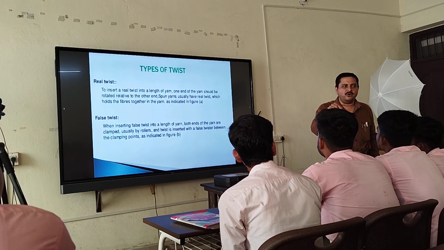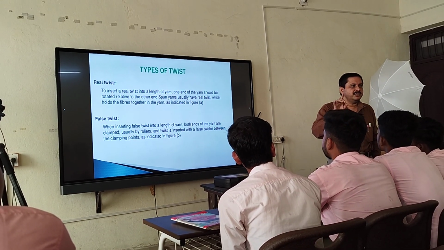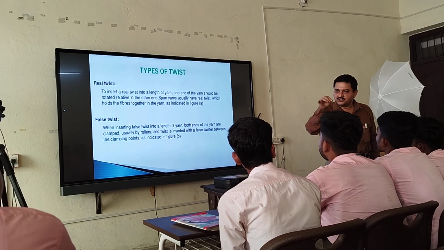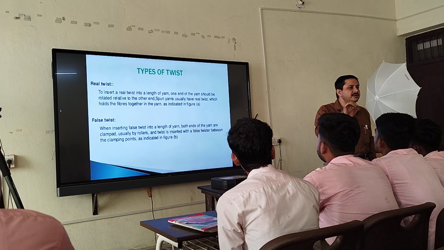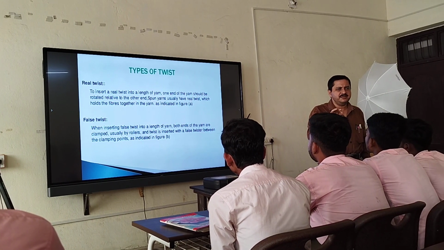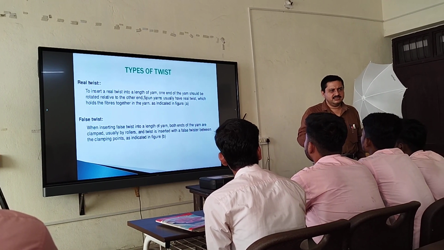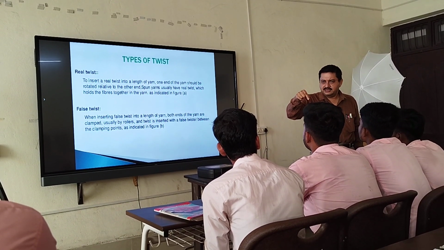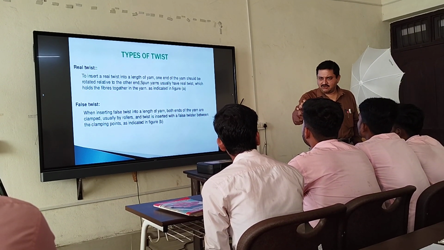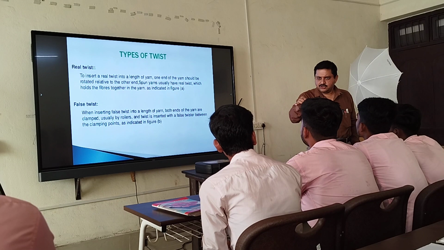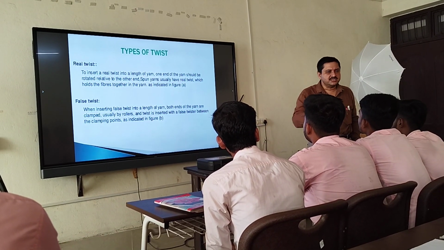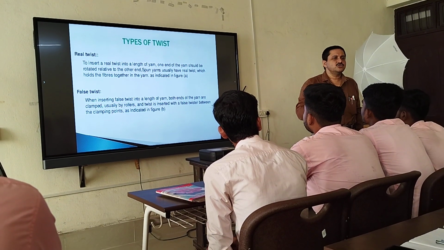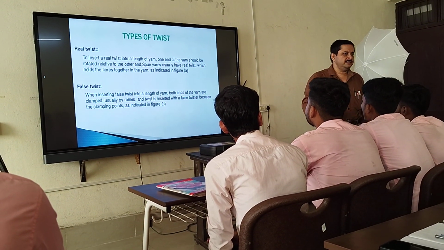This is the point of origin of twist, and twist propagates from this point towards the front roller nip. In the ring spinning system, are you recalling these things? From the traveler and yarn contact point towards the front roller nip, the twist is propagating. So this is your true twist.